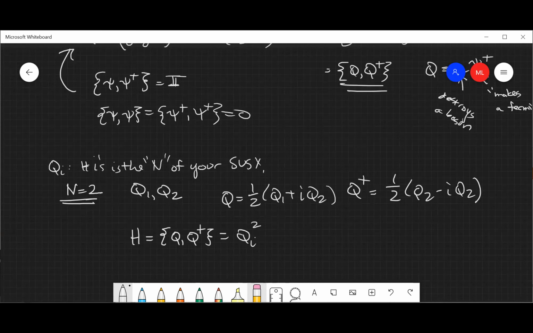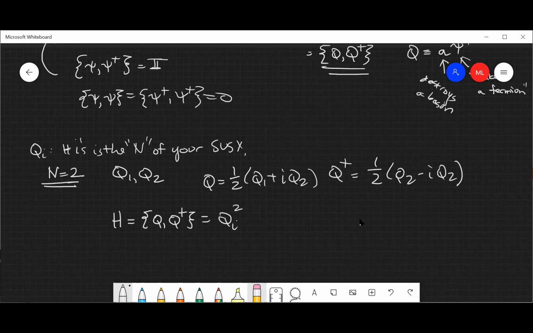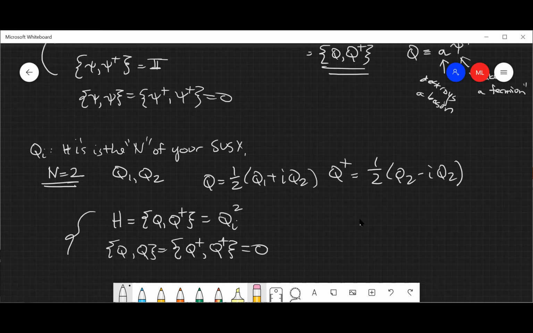They have a slightly different algebra than the Q1s, Q2s, but they do also anti-commute. So this is another SUSY algebra, another way to write it.